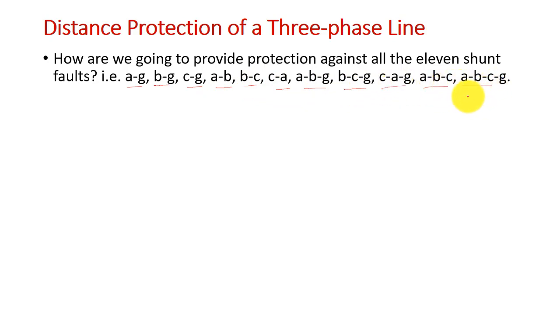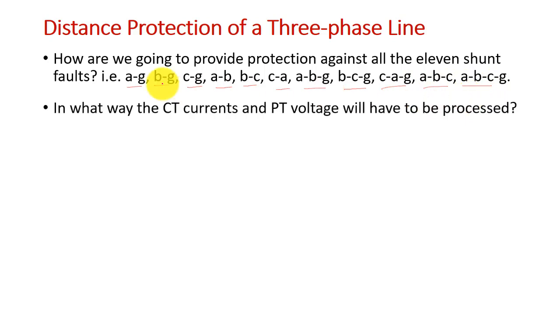The second question is in what way the CT currents and PT voltages have to be processed, because we will acquire the CT and PT voltages and they have to be fed to the relay unit, and how they will be processed is important, right.